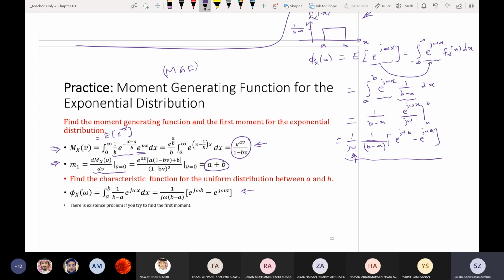So in this case, this will not be a valid approach to find the moments for the uniform. But in general, it's a valid approach. Not because it's wrong, but because it doesn't exist. When you differentiate this once and set omega to 0, you will have 0 in the denominator. Okay?